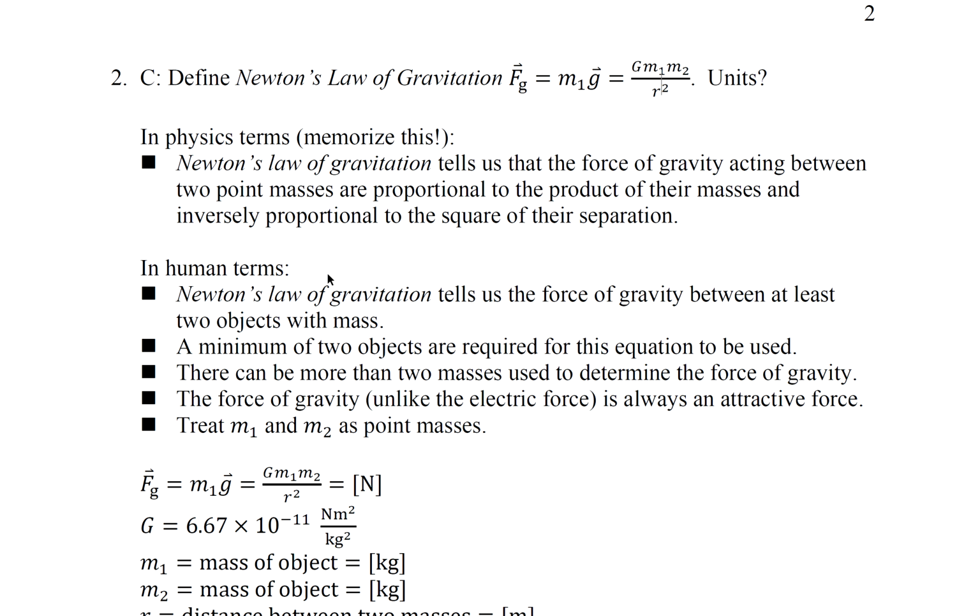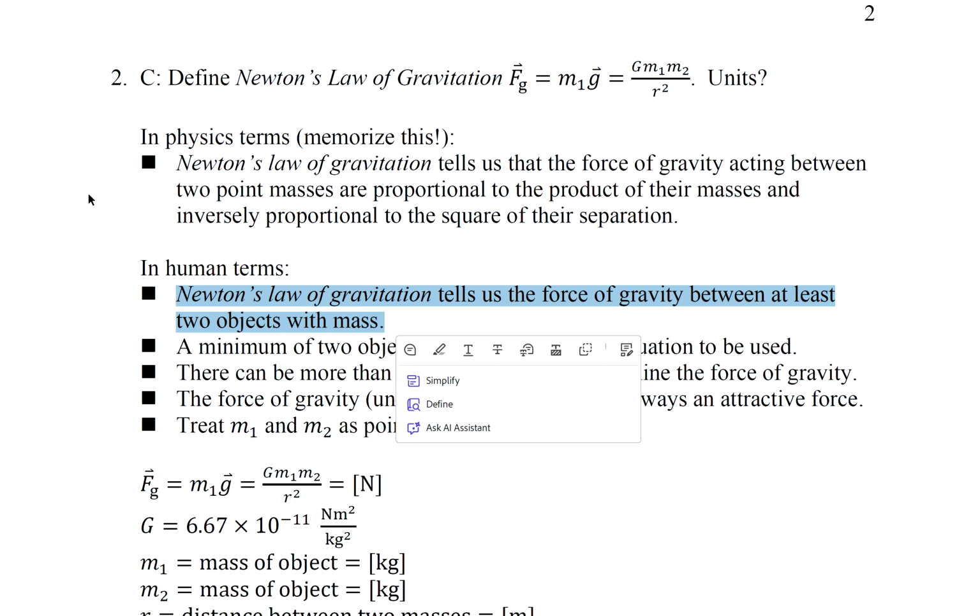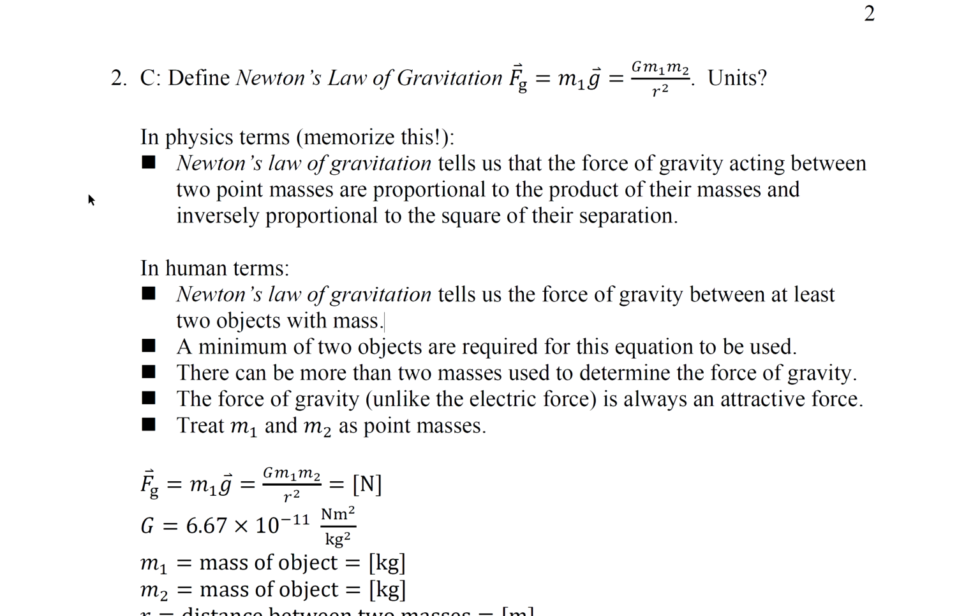So Newton's law of gravitation tells us the force of gravity between at least two objects with mass. A minimum of 2 objects are required for this equation to be used. There can be more than 2 masses used to determine the force of gravity.